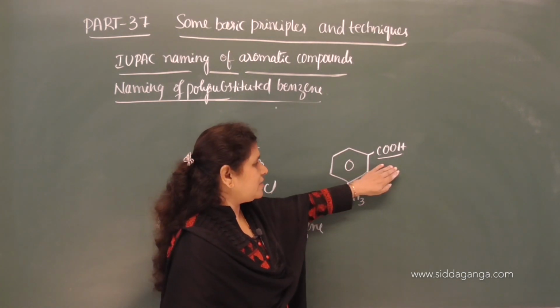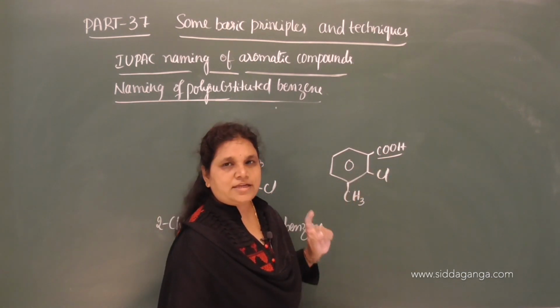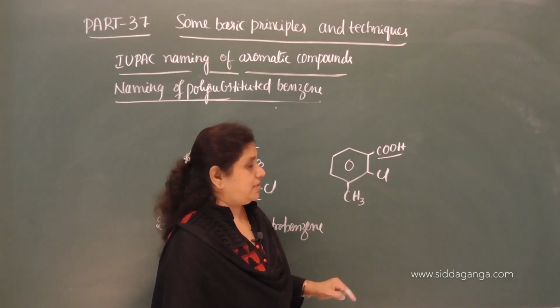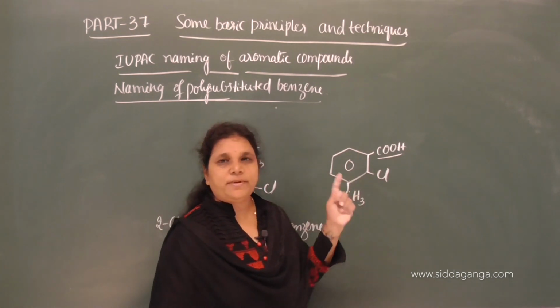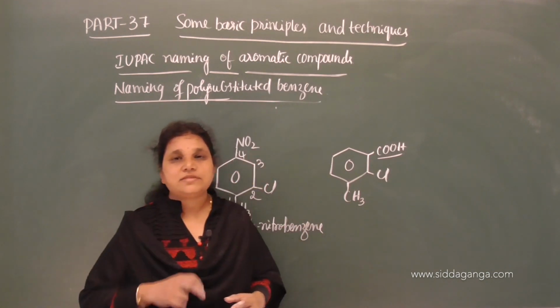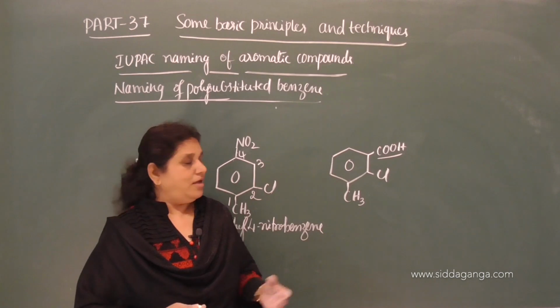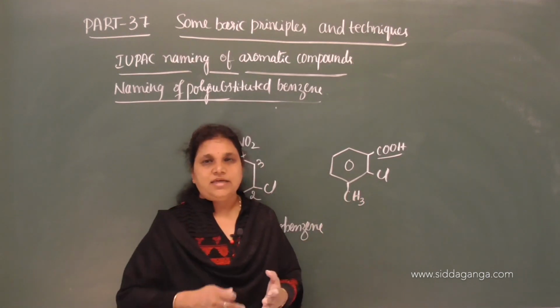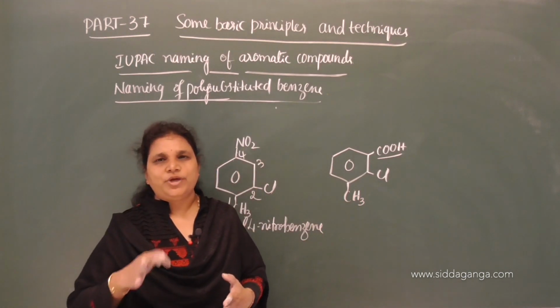So, if you forget these, this becomes benzoic acid or benzene carboxylic acid. Now, substituted benzene carboxylic acid. What substituted? Disubstituted benzoic acid. Now, we have to name it as a disubstituted benzoic acid.